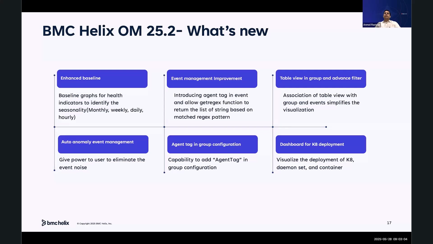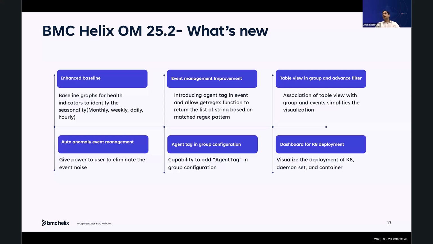And then we also introduce a new dashboard for the Kubernetes deployment. Again, this is not the Kubernetes deployment for our BMC Helix SaaS environment. It's basically the Kubernetes deployment for the customer's in-house install, right?